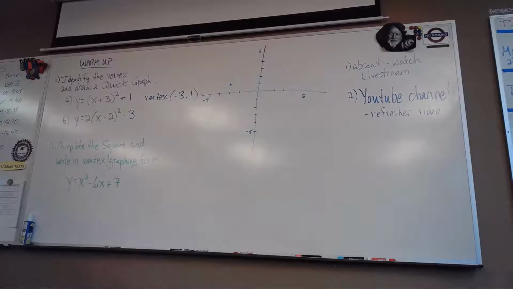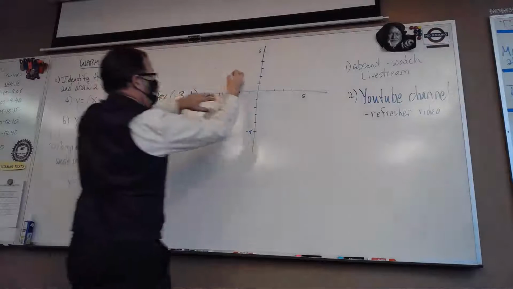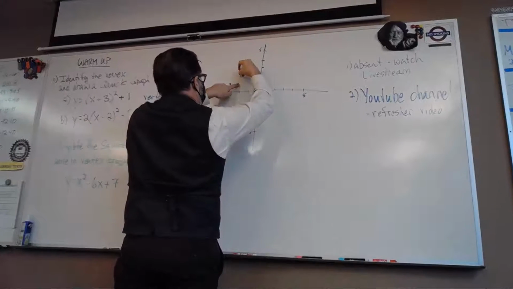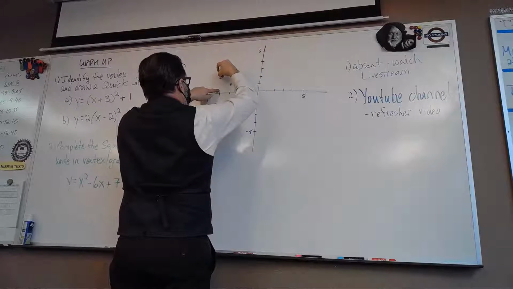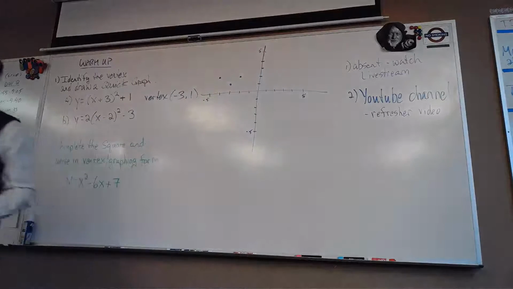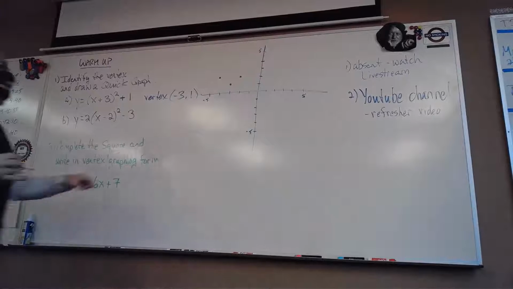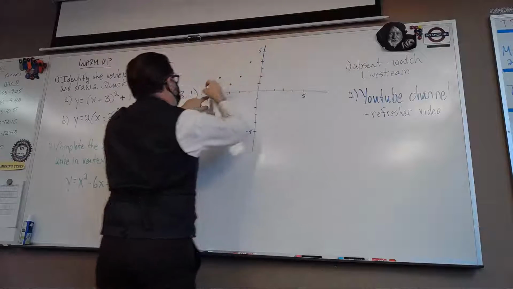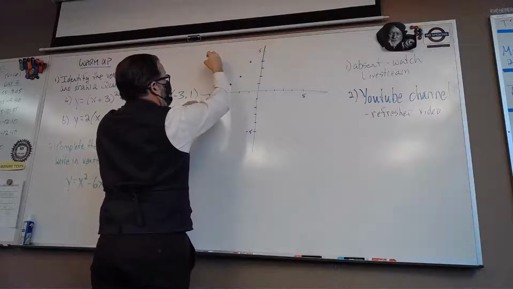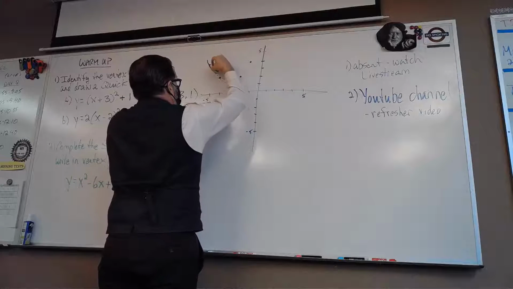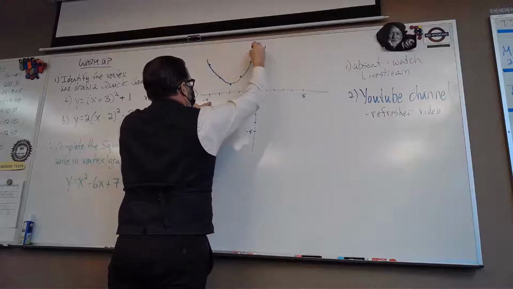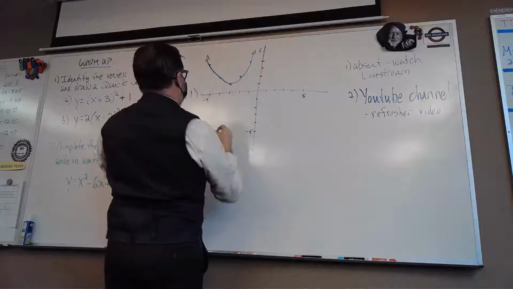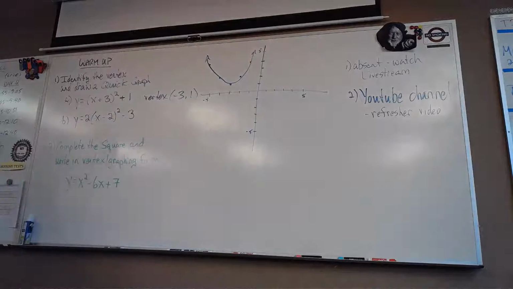Up 1 over 1. Boom, over 1, up 1, both directions. So we go to here, and we go to here. Where are the next points for a quick graph, Rhiannon? Over 2, up 4. Boom, over 2, up 1, 2, 3, 4. We go to here, we go to here, and there's a beautiful graph, sort of my parabola.